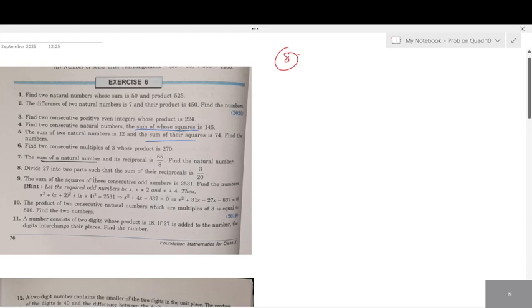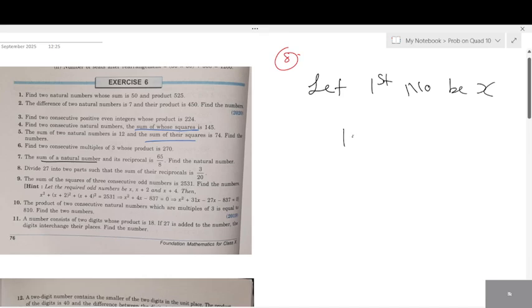Divide 27 into two parts such that the sum of their reciprocals is 3 by 20. Divide 27 into two parts. Let first number be x.